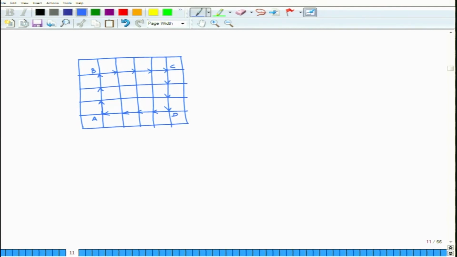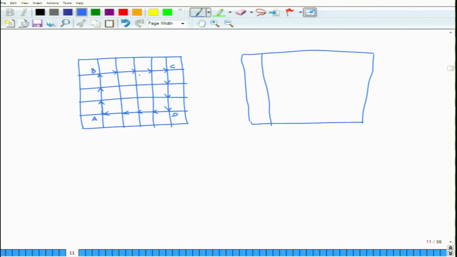This is a perfect lattice. If you have an edge dislocation, you will have a slight distortion. Let us say somewhere in between you have one extra row.